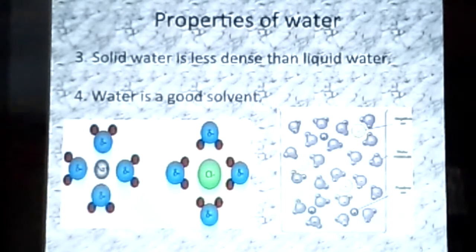As they move closer together, the molecules have to rearrange because the negatives push away, the positives push away. So the negatives are attracted to the positives. When the molecules move closer and closer to each other, if you look at the picture, there's a little tiny space between where the positives would touch the negative oxygen.